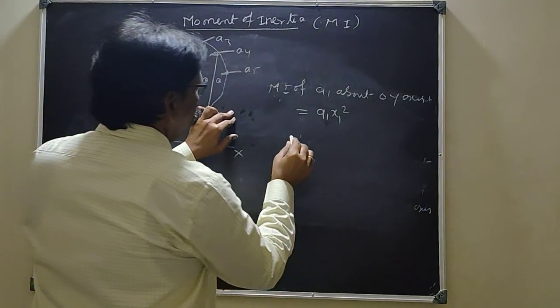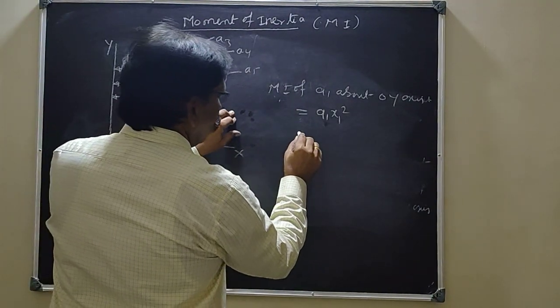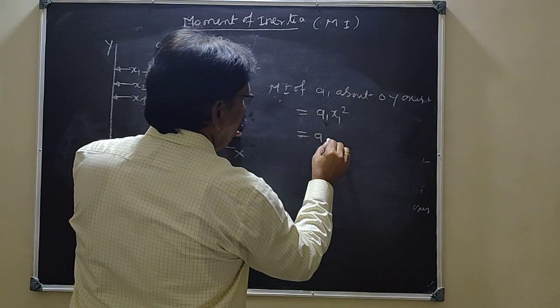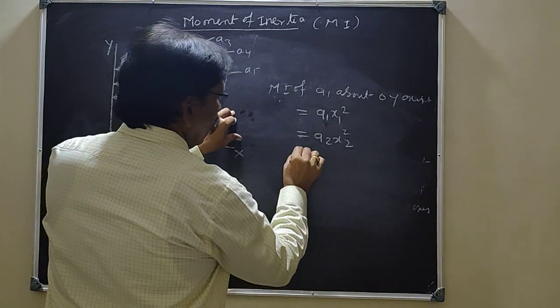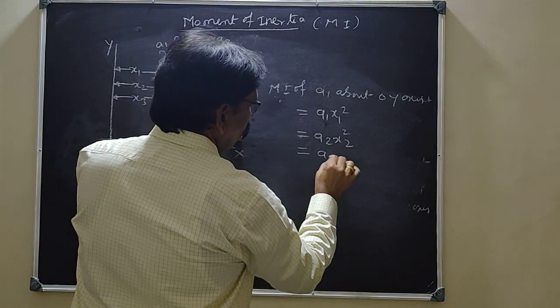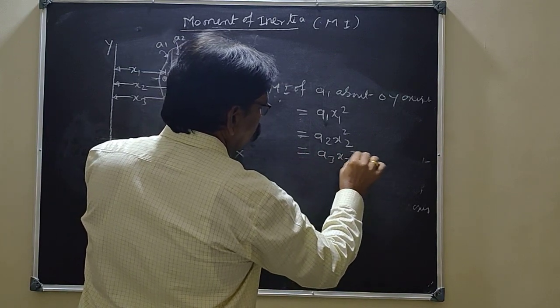Similarly for the second, it will be A2 x2 square, and for the third element A3 x3 square.